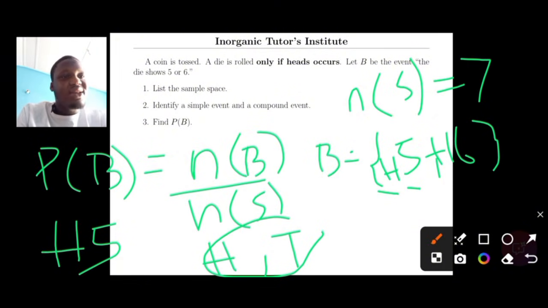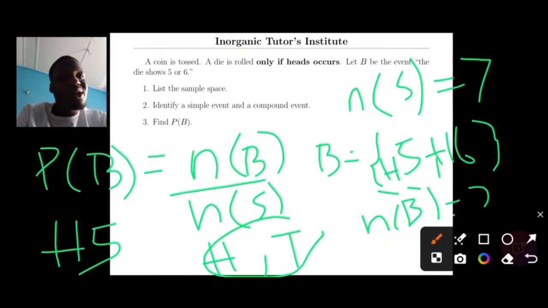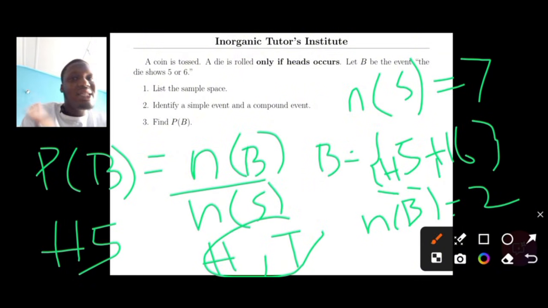Okay, good. So the number of B is 2, meaning there's only 2 ways to satisfy B. That is, first of all, getting a head and coming to get a 5. Yeah, you've satisfied the condition. Or getting a head and coming to get a 6. You've also satisfied the condition.